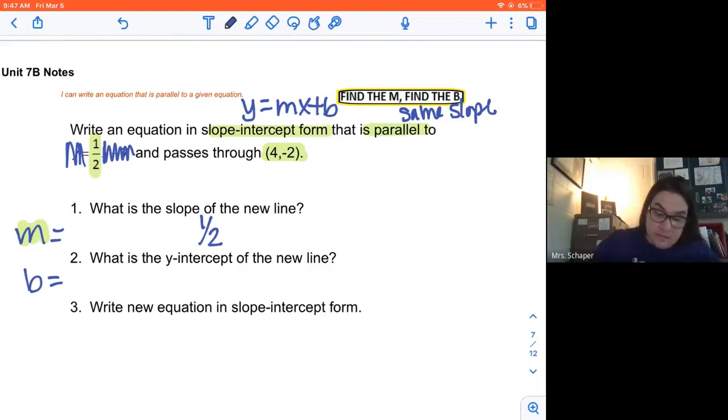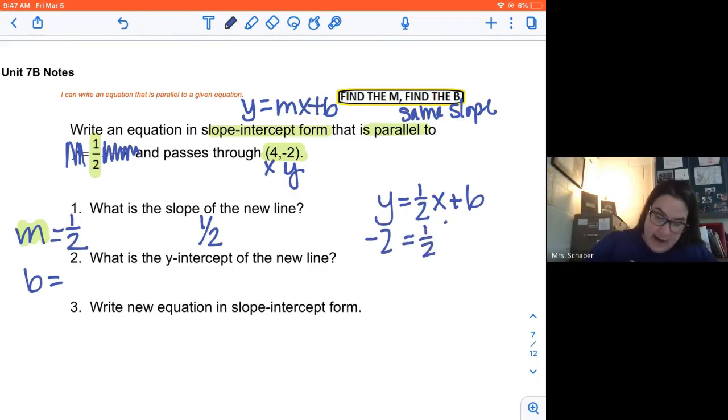Now I need to solve for b. I have my x, I have my y, I have my m. Now I solve for b. So y equals 1/2 x plus b. Negative 2 equals 1/2 times 4 plus b.